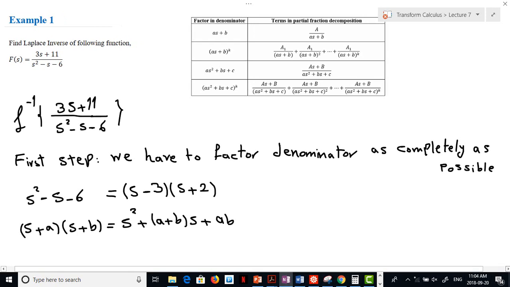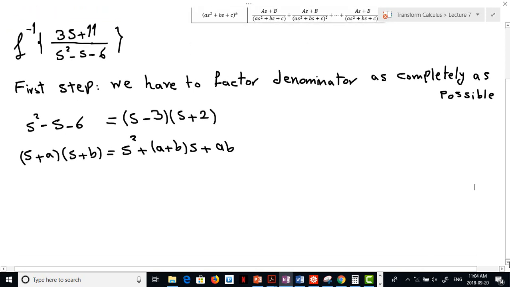If you want to factor this function, you have another solution as well. You know that if you have a general second order polynomial like as squared plus bs plus c, and you want to find the roots of these polynomials, we have s minus x1 times s minus x2.